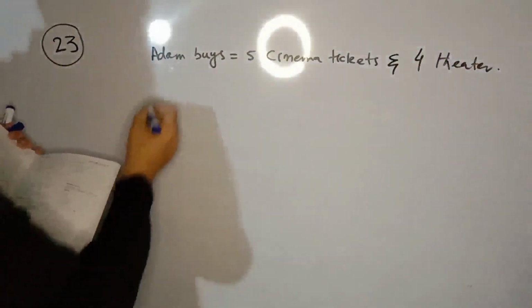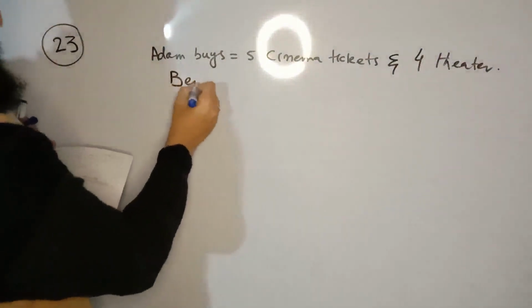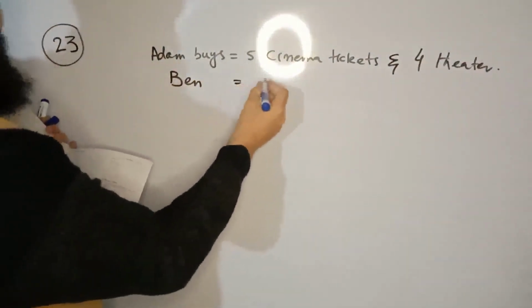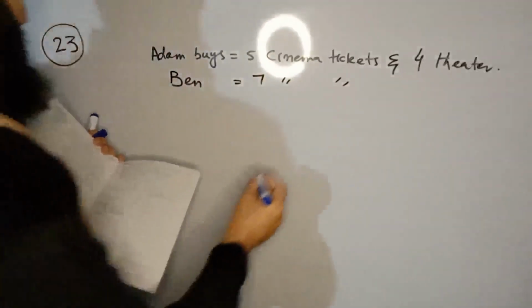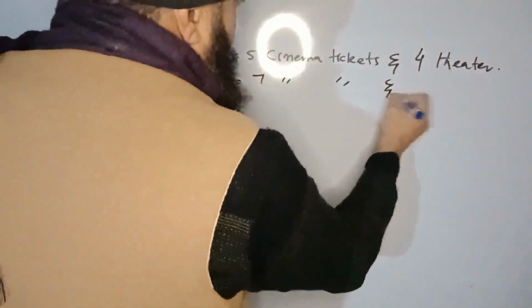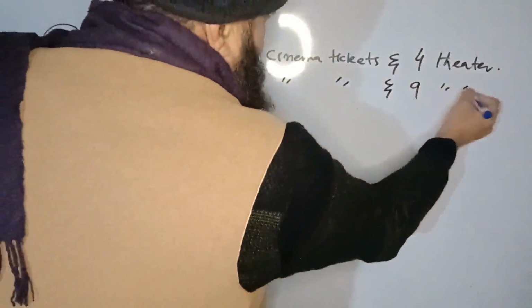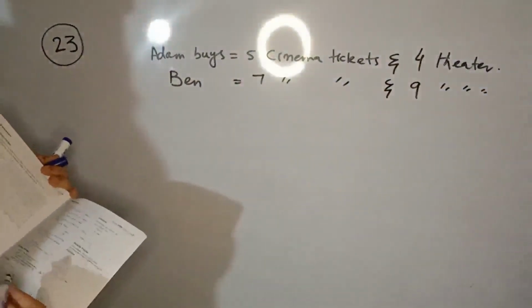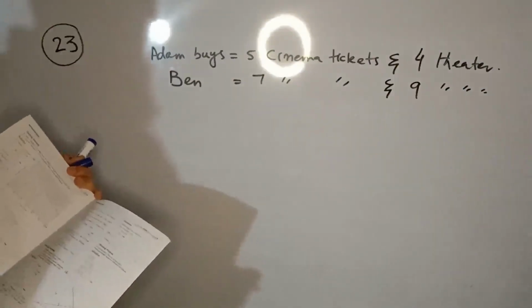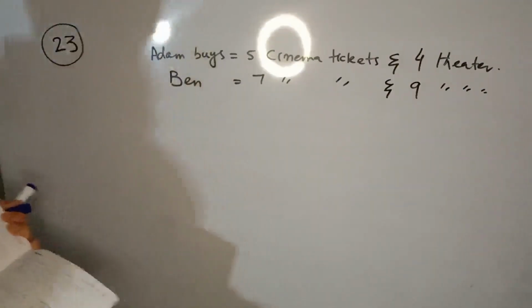Similarly, Ben buys 7 cinema tickets and 9 theatre tickets. Question is, complete the matrix X to represent this information.